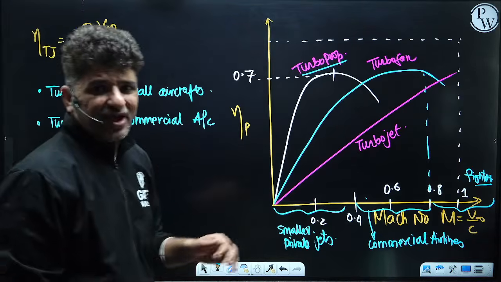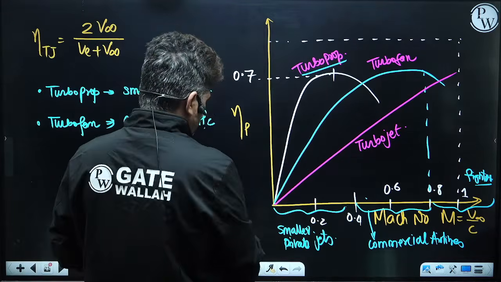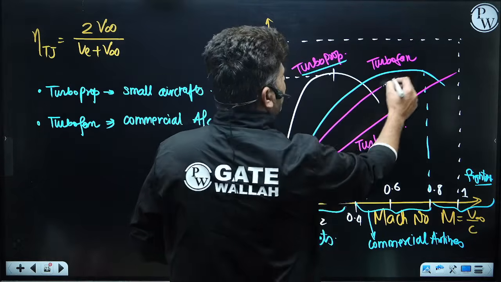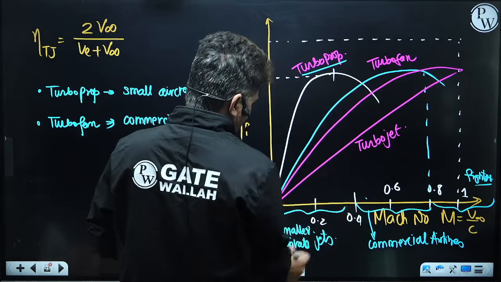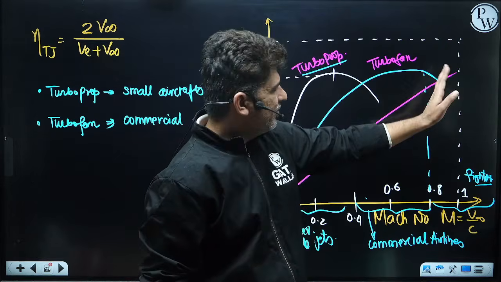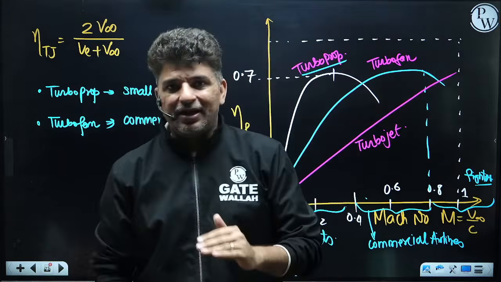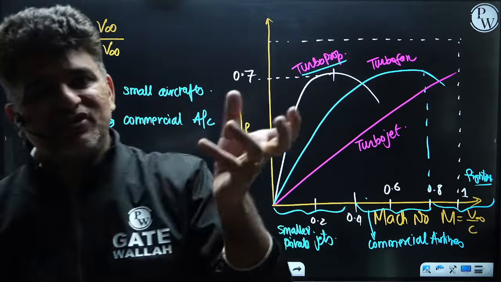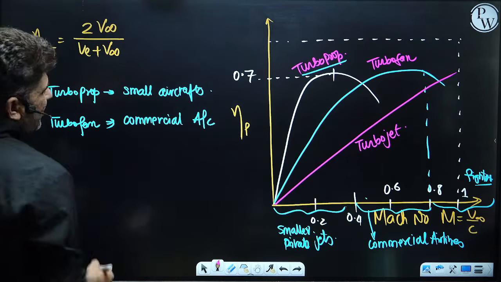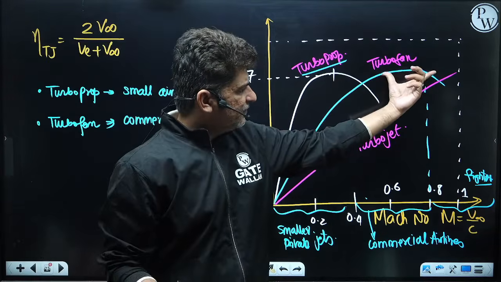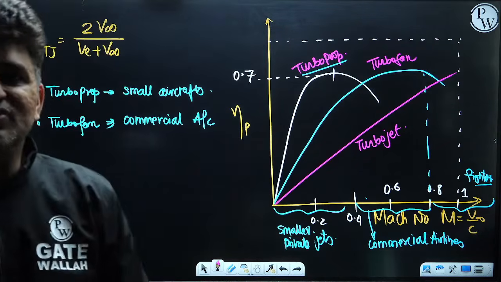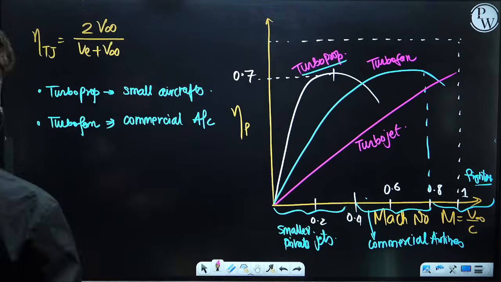High bypass fans would again be lying somewhere in this region. They will not go as close to 1, but in the range of 0.9. If you compare a simple turbofan and a high bypass turbofan, high bypass turbofans would have much higher efficiency in this region because they have the velocity difference V exit minus V infinity to be very small.